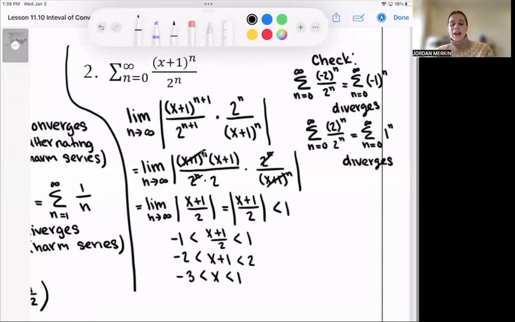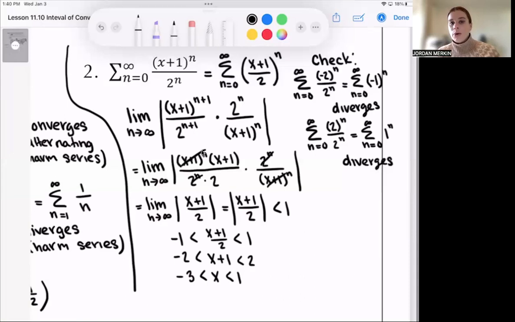Now, there is a little trick to this problem. And actually, there's a reason why neither of the endpoints work: you may notice that this is actually just a geometric power series. You could have rewritten this as (x plus 1) over 2 to the nth power.